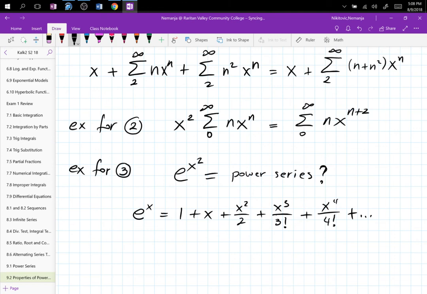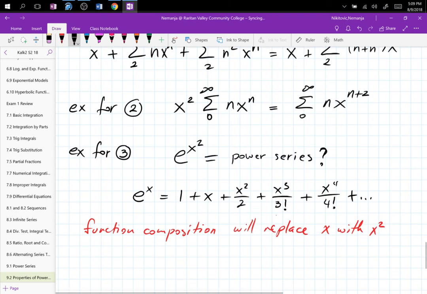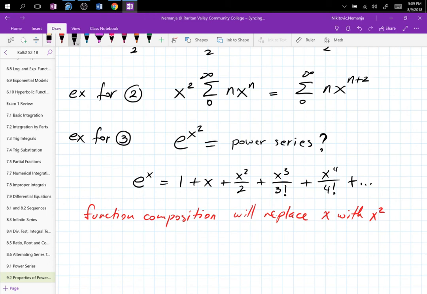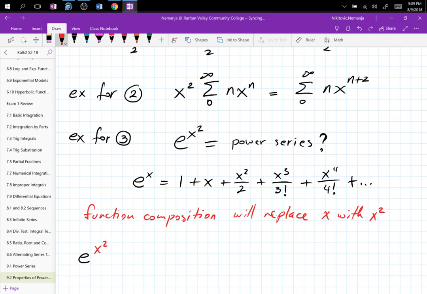Now what I'm going to do is use function composition. I will replace x with x squared. So on the left hand side, I have e to the x squared.